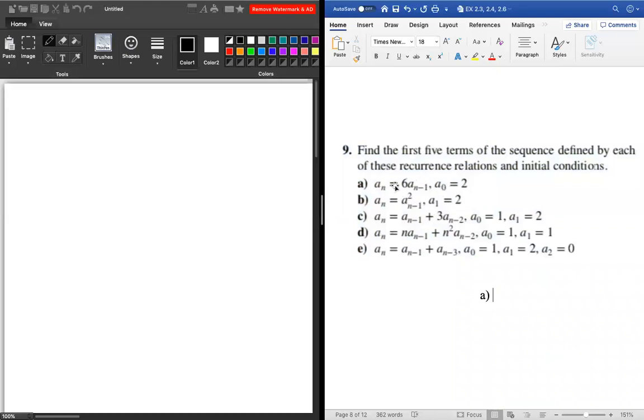Because we have this recurrence relation, we are supposed to find the first 5 terms based on this expression, so we have to plug in the values.